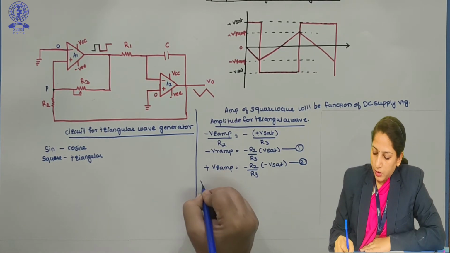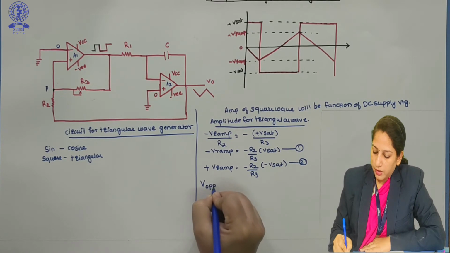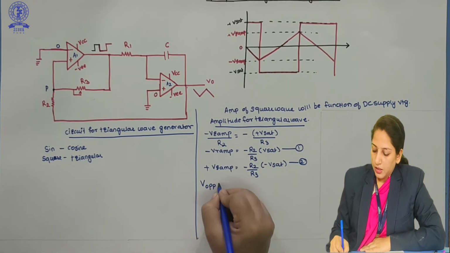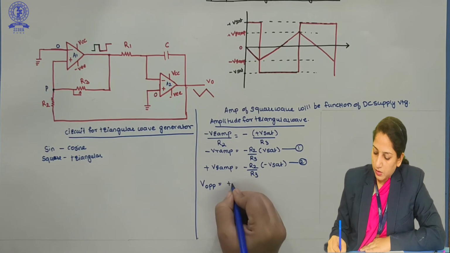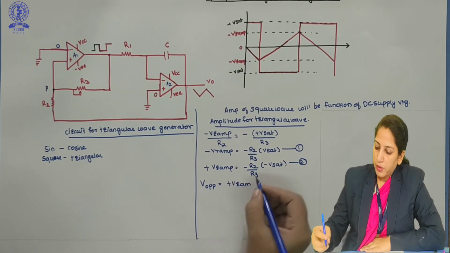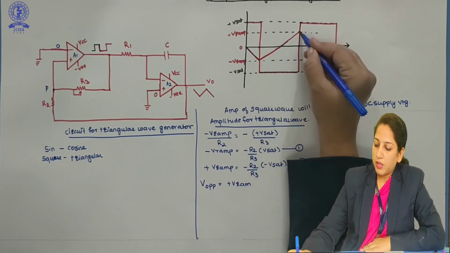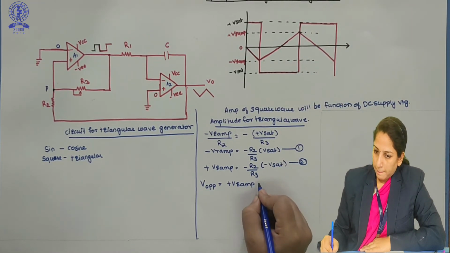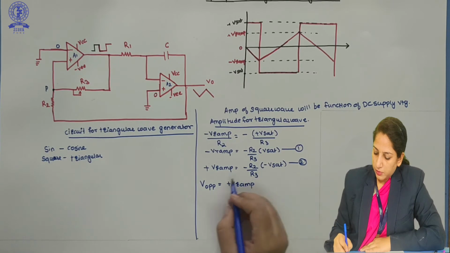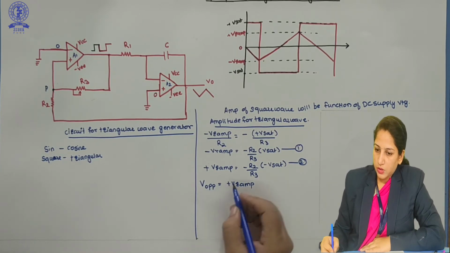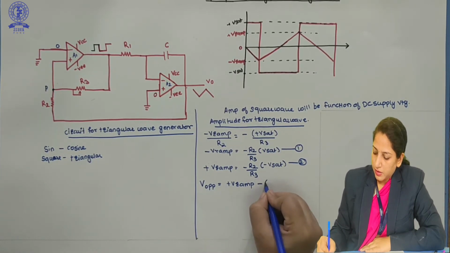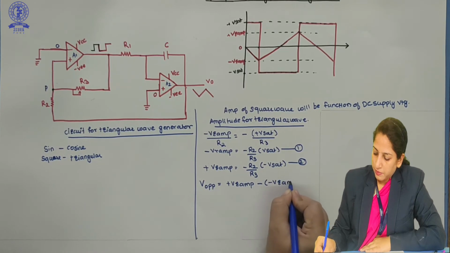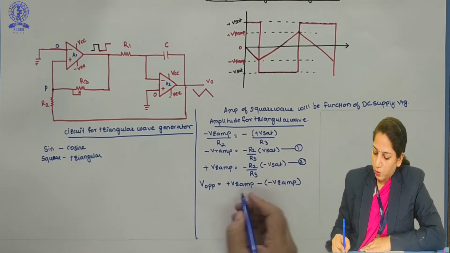Now from equations 1 and 2, we will find the peak to peak voltage of our triangular wave. If I derive this as V0 pp, it will be equal to plus V ramp minus V ramp. Peak to peak voltage means between these two. So I will substitute both equations here.